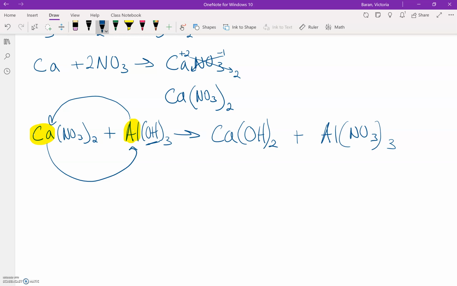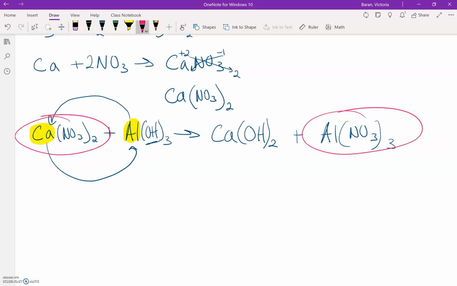I wanted to do this because I want to point out, notice that it's NO3 2 on this side, but it's NO3 3 on this side. And that is okay, all right? Because the relationship between the calcium and the nitrate here is different from this new compound that we made, and the relationship between the aluminum and nitrate is different here, okay?